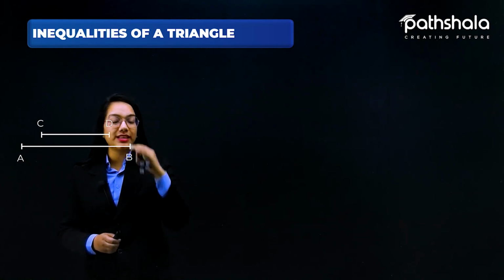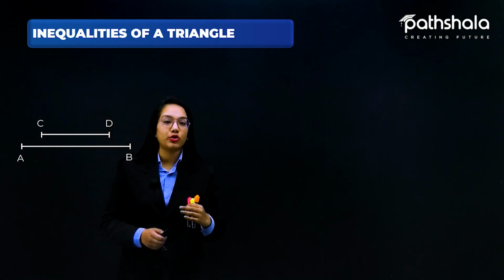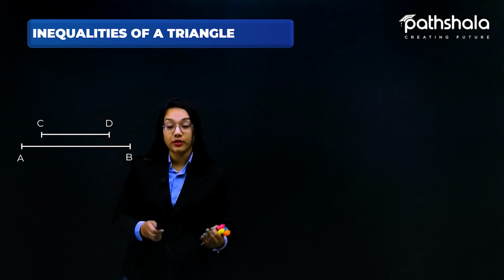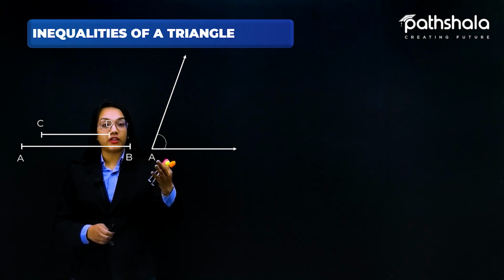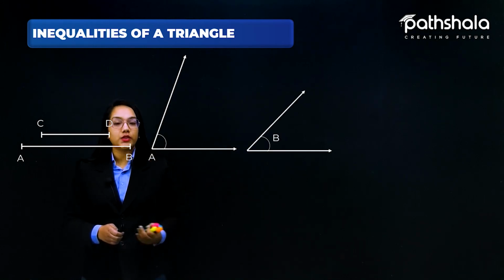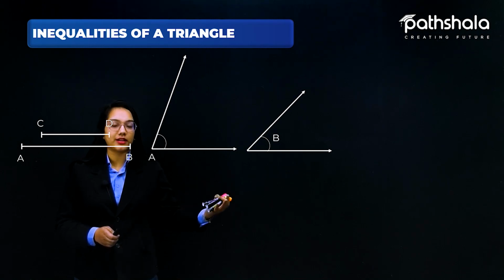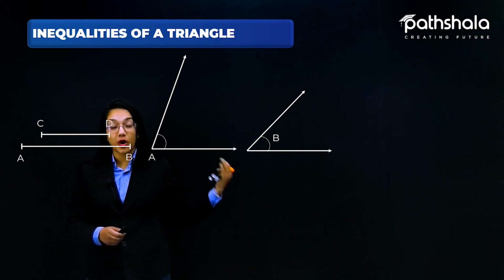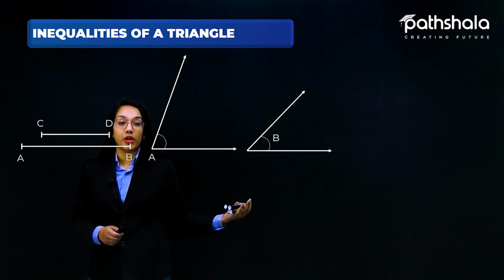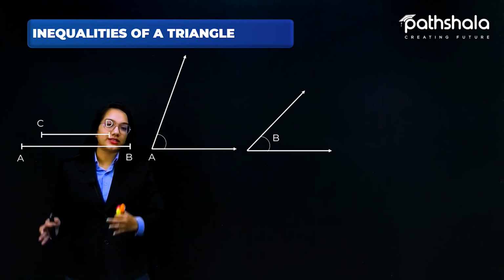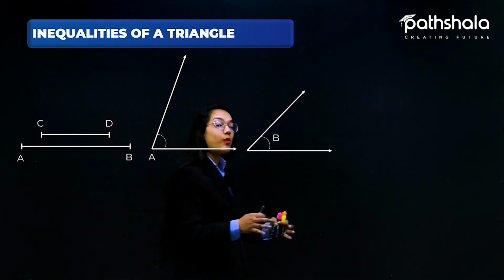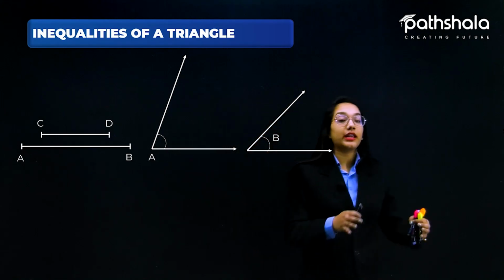Similarly, if I am talking about two angles, say this angle and this angle, you can compare them and say that they are not equal to each other, because one is larger and the other is smaller.